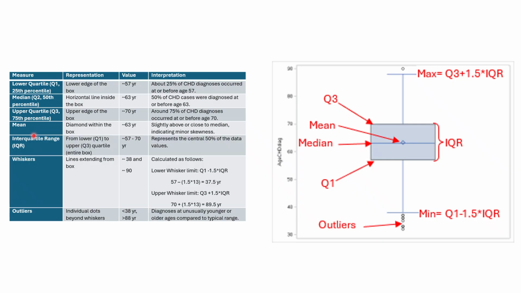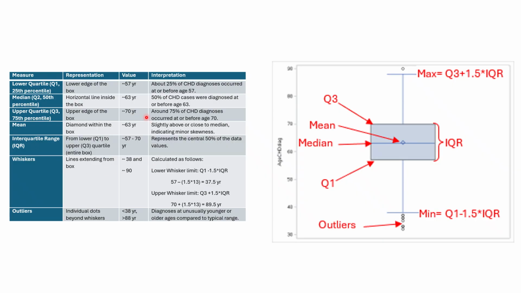And then the upper bound, or we also call it Q3, third quartile, it is set at 75th percentile, which is 70 years.